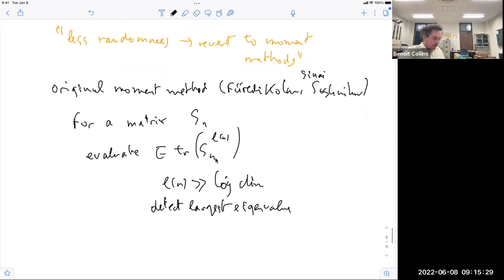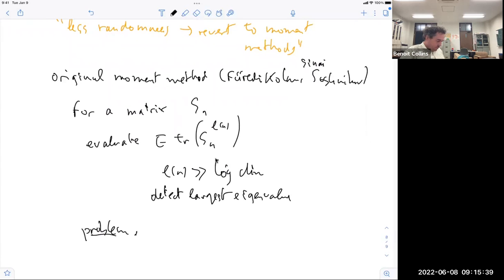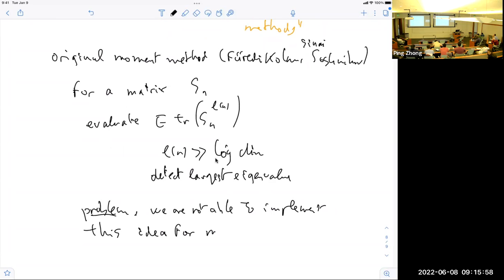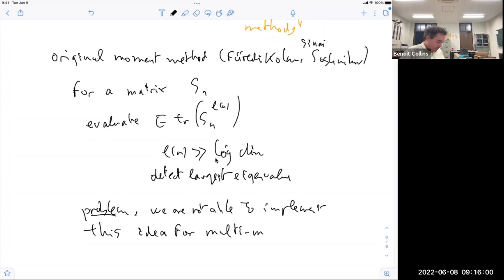But the problem, somehow, is that we are not able to implement this simple idea for multi-matrix models.